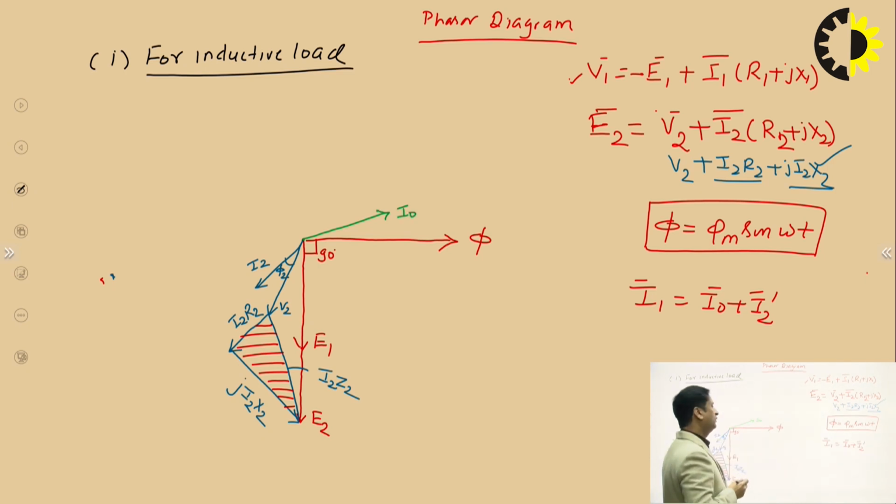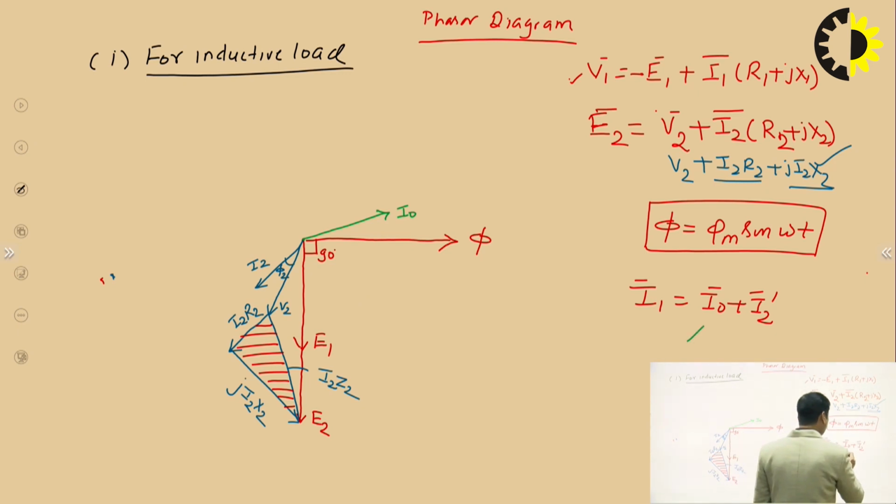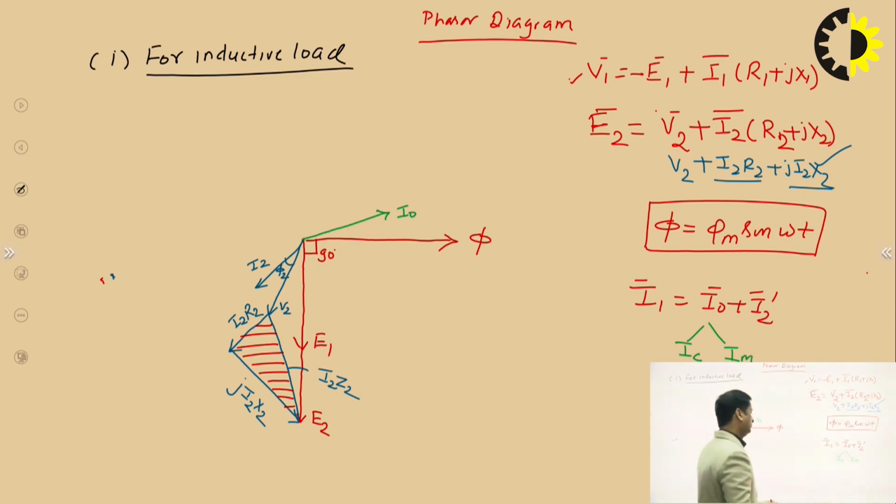The angle between the voltage and I0 is almost 80 degree to 85 degree. I0 has two components: the core loss component IC and the magnetizing component. So here we will draw only the I0.